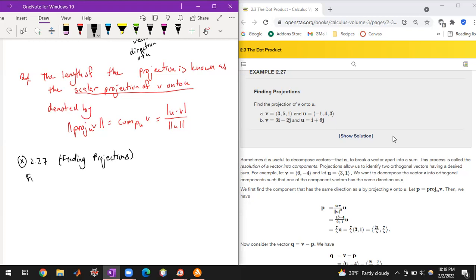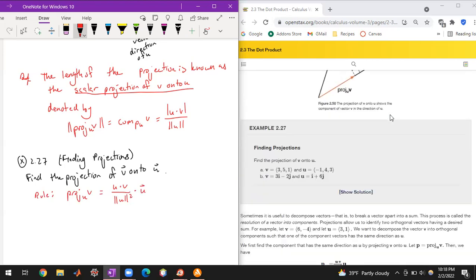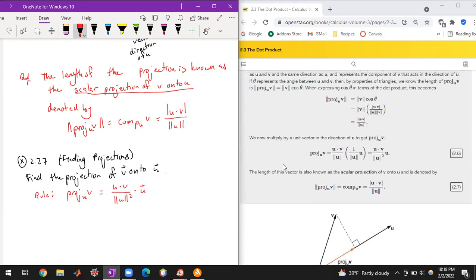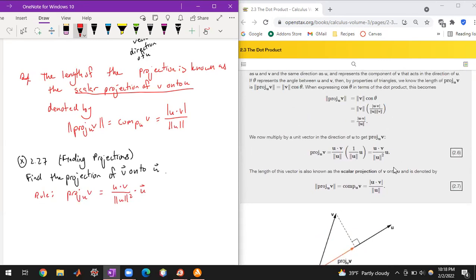All right, so let's find the projection of V onto U. So once again, the rule that we're going to use here is that the projection of V onto U is equal to the dot product of the two vectors divided by the magnitude of our vector U squared, distributed into our vector U. So that's this rule right here, 2.6, that we're using.